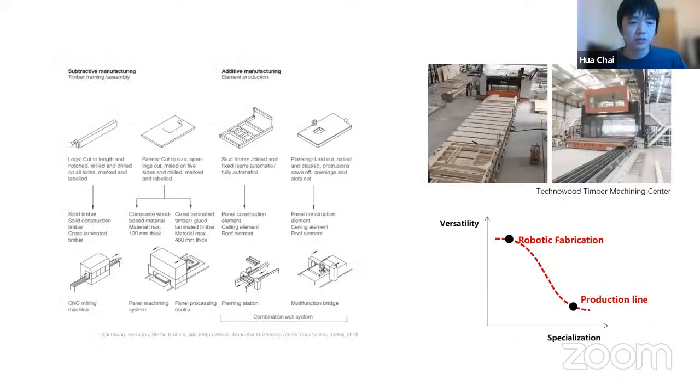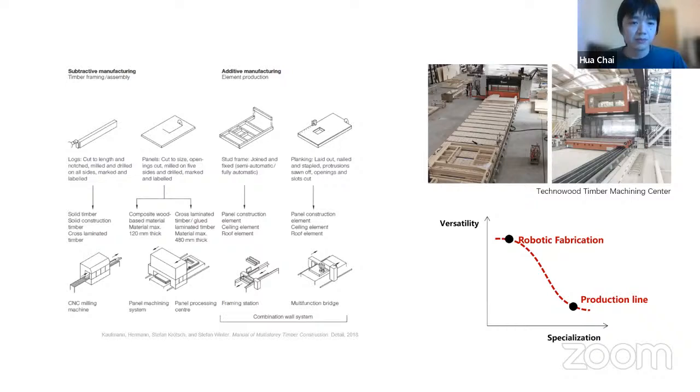When we look into the timber construction industry today, different kinds of specialized timber machining centers have been developed to automate the prefabrication process of some existing timber structure systems, like the lightweight frame structure.